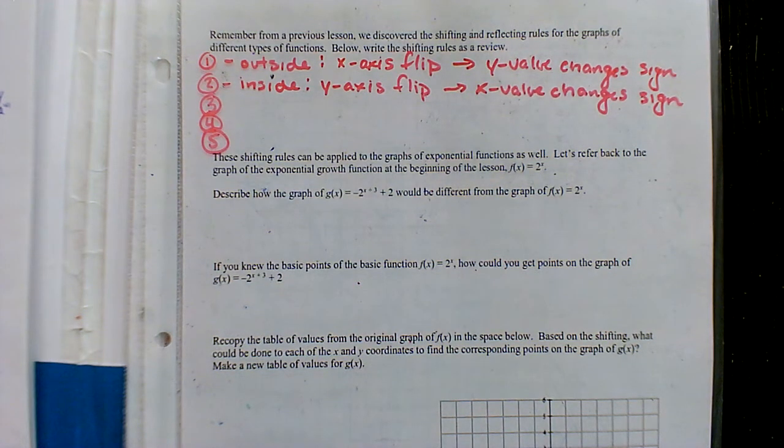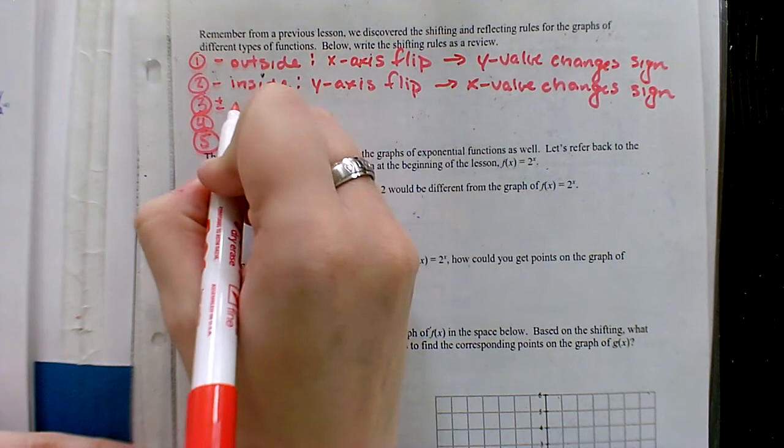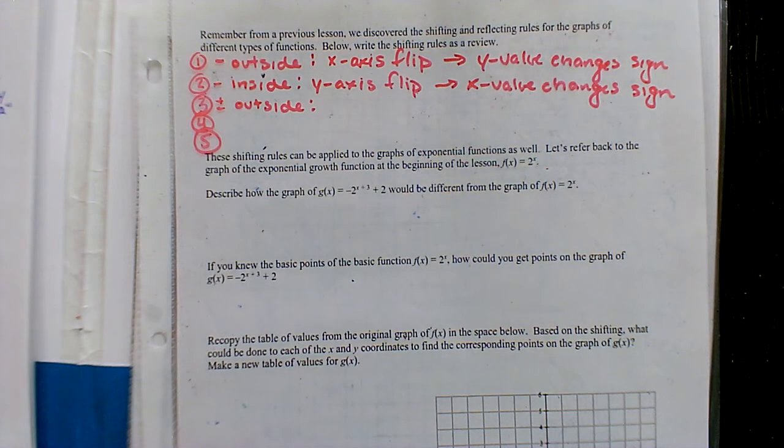Okay, let's see. What if we had either a plus or a minus on the outside of a function? How does that change your graph? Can we think back? These are the shifts.